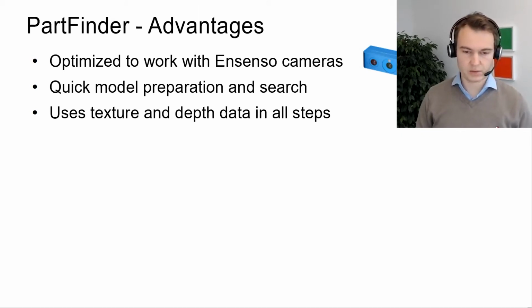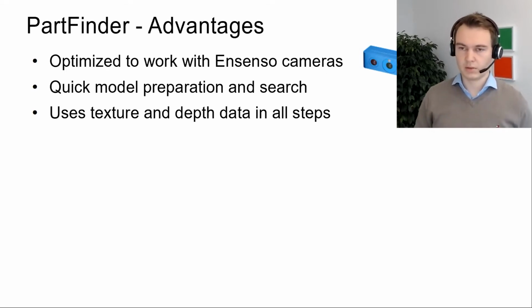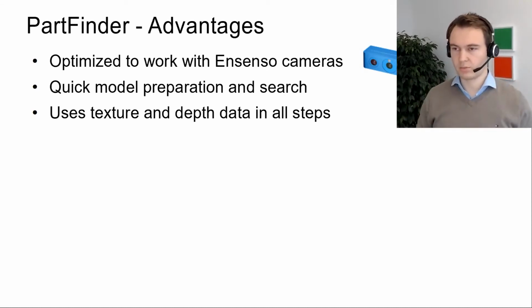PartFinder is designed to use all available data cues in order to locate the object. This is especially important when you have certain difficult parts or difficult lighting situations. Here we use texture information and depth data over all the steps, from coarse to fine-grained search and position refinement.